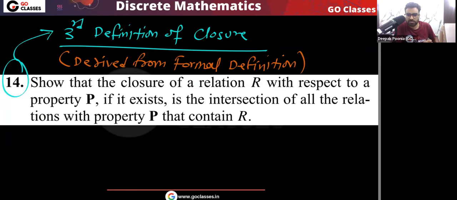The point is that you can easily derive this from the formal definition, and this can work as a third definition of closure. Basically, closure of a relation R with respect to property P is the intersection of all the relations that contain R and have property P. Okay, that's it. I hope you understood.